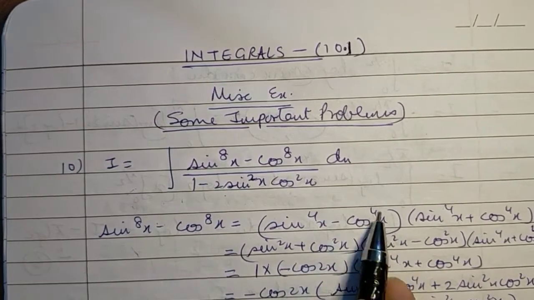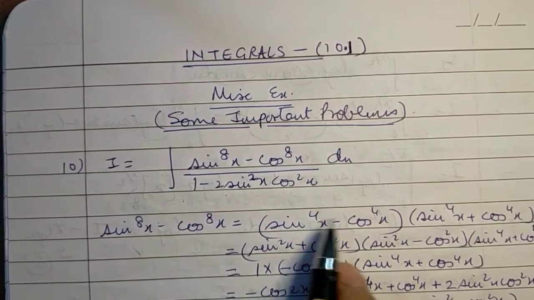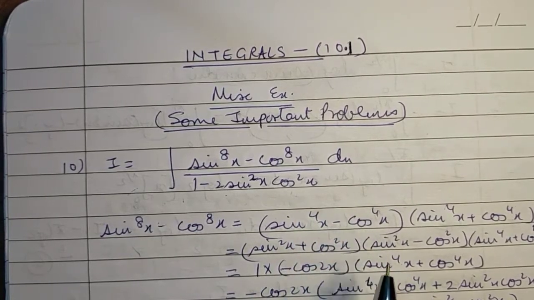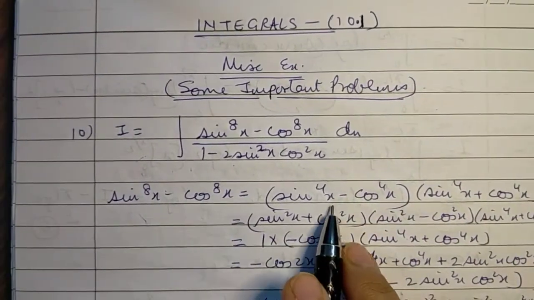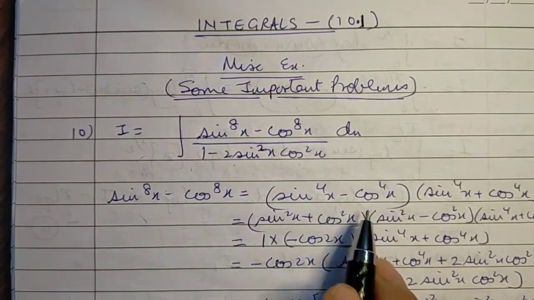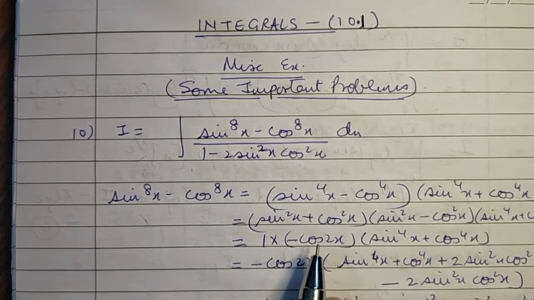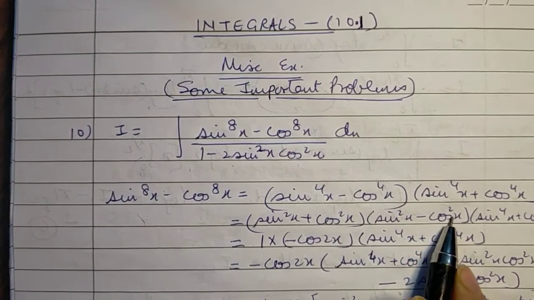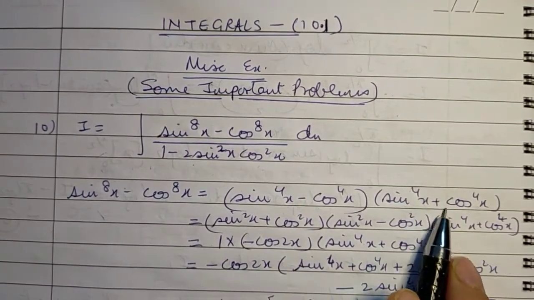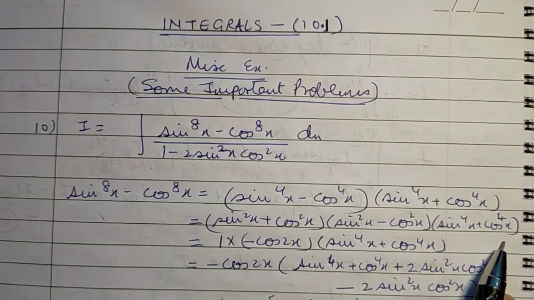Now this being a difference of two fourth powers can further be simplified using again the a squared minus b squared property, treating a as sin squared x and b as cos squared x. So we get (sin squared x plus cos squared x) into (sin squared x minus cos squared x), and the next term remains as it is, that is sin^4 x plus cos^4 x.